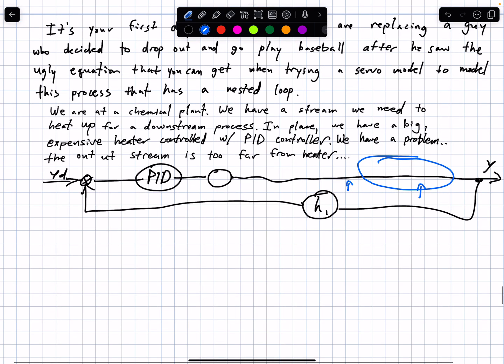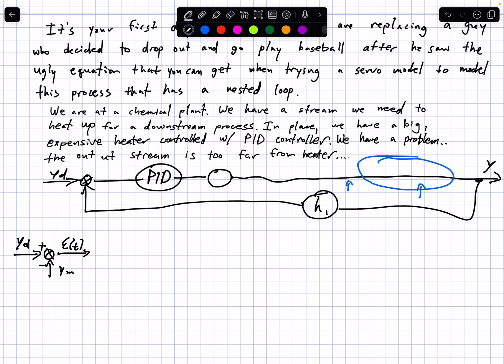The controller we're going to be putting in is P only, all right? And we don't want to spend too much money. So officially, this is your inflow stream with a temperature, and then YM is going to be measured here, and that's going to give off an error to your controller. See the difference between YD and YM.